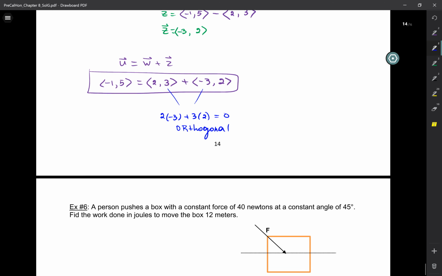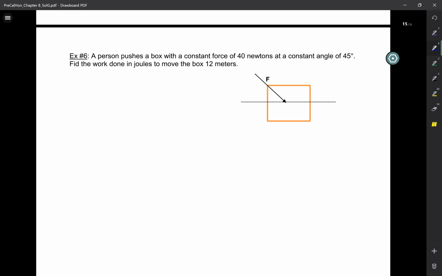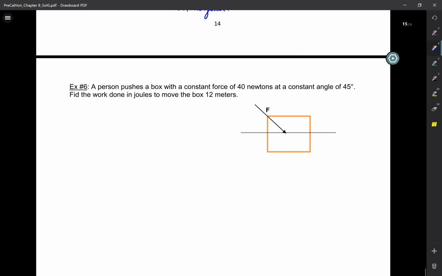With the information that we got. So the dot product stuff, right? Here's how it's used. What's the formula for work? Work equals force times distance, but not all of your force is applied towards the work that you do.